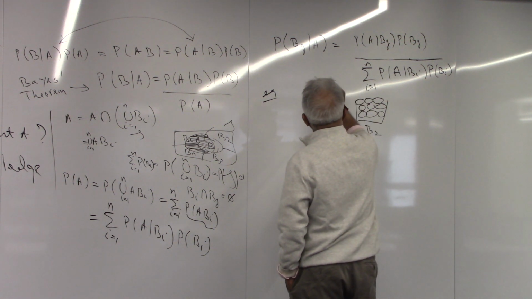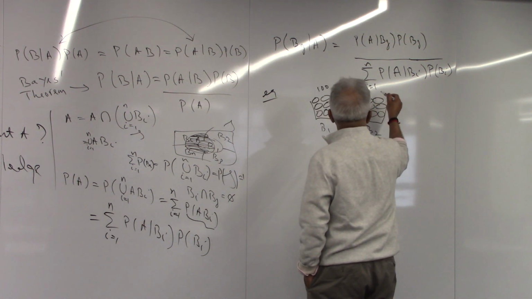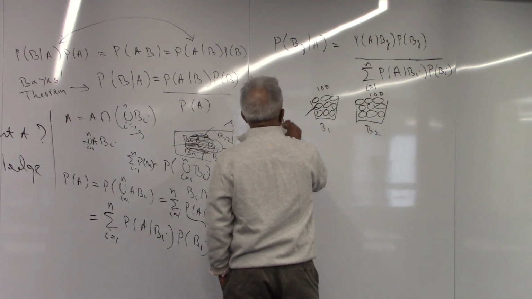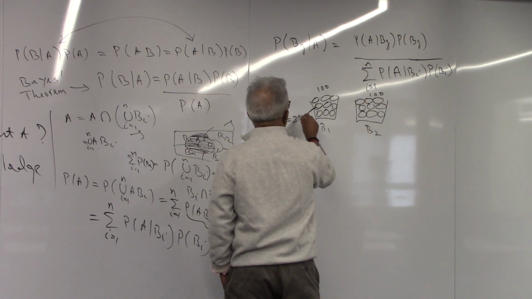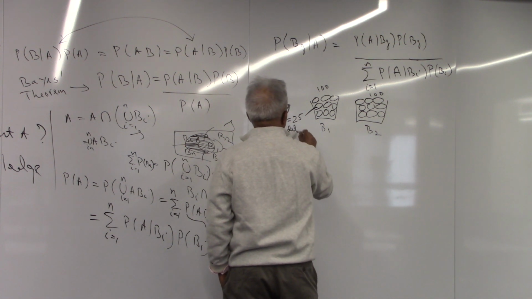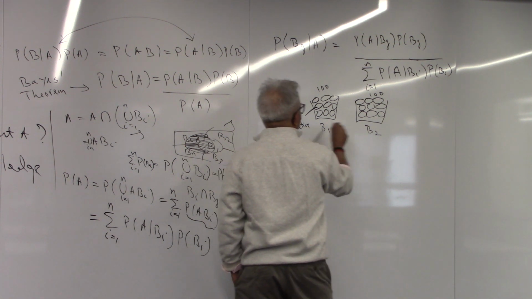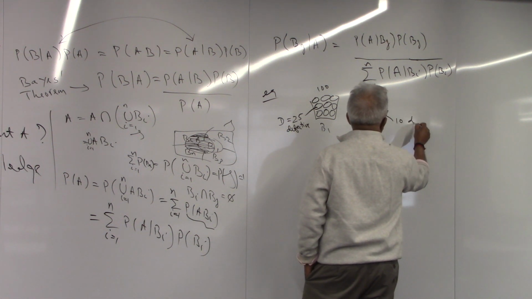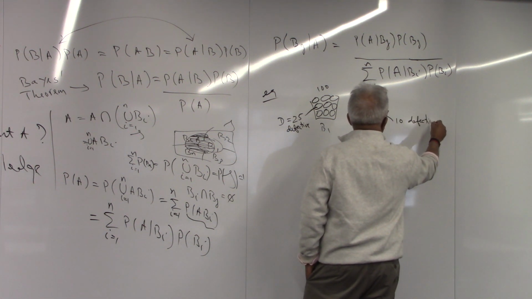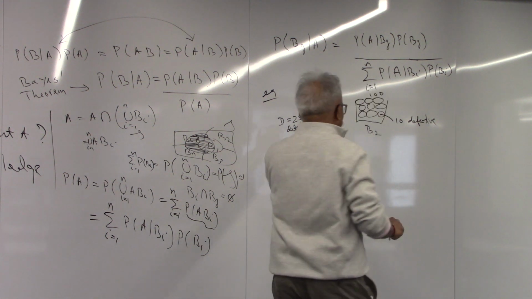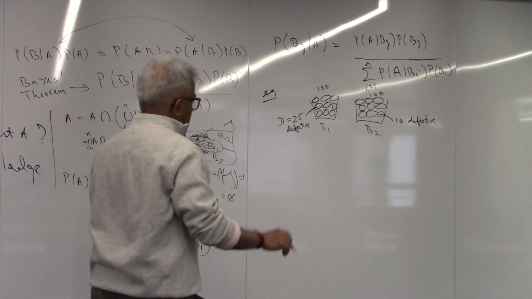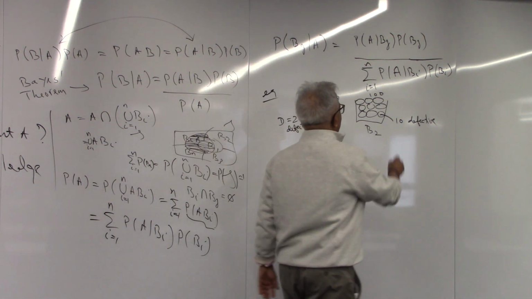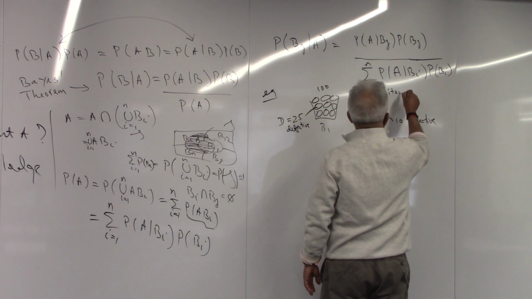This has got 100 items, this has got also 100 items. But in this one, let's say we know that 25 of them are defective. And here, let's say 10 of them are defective. You may or may not know this fact, but just to solve the problem, let's set it up. So the boxes are identical because both of them have 100 items.